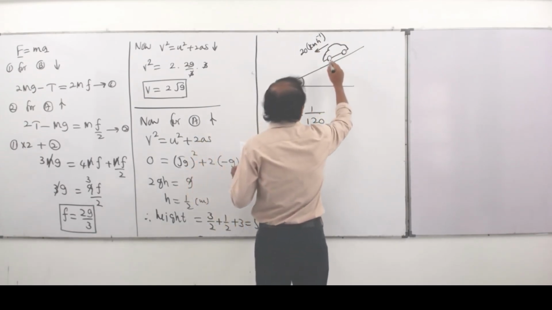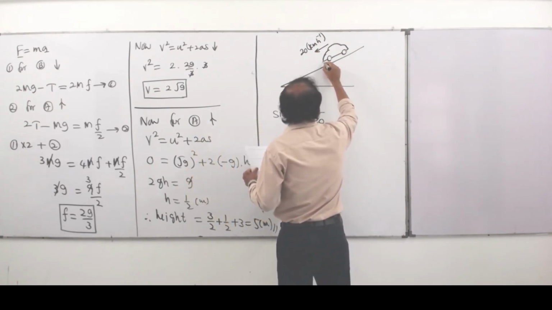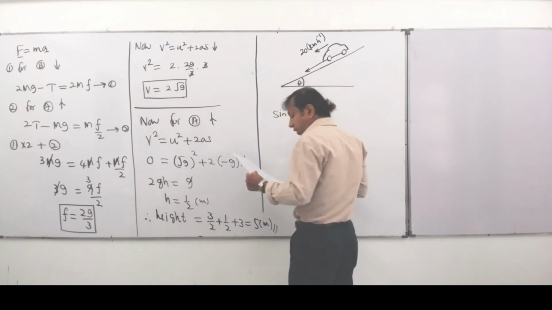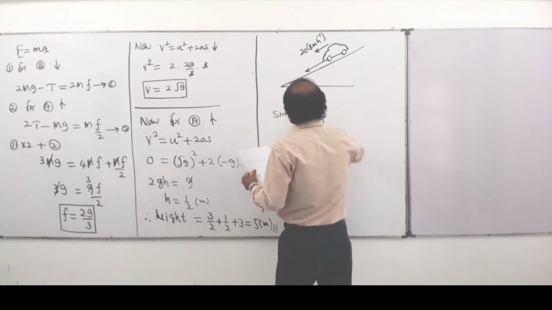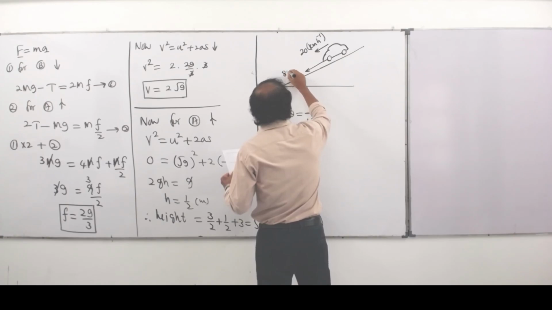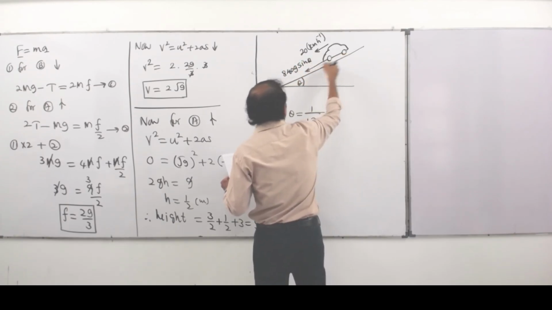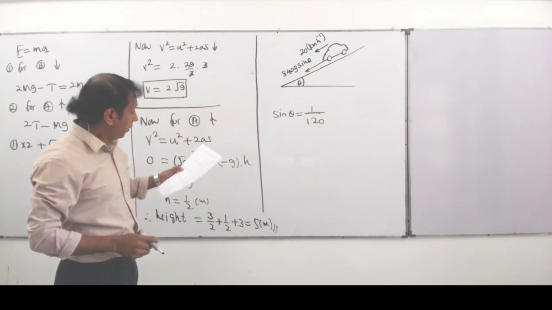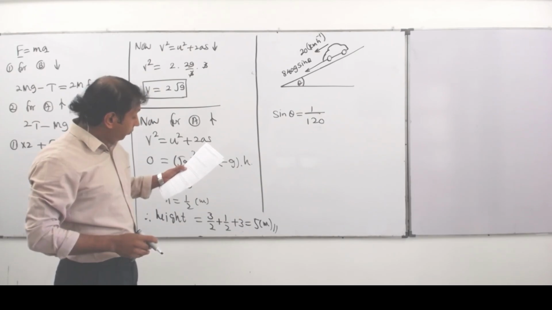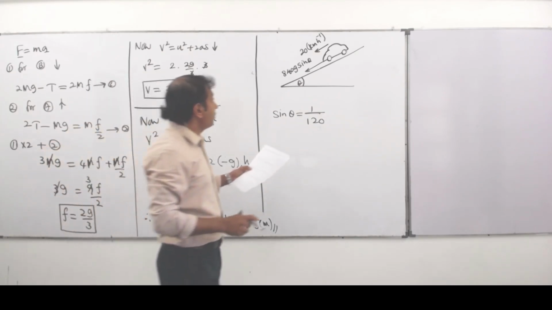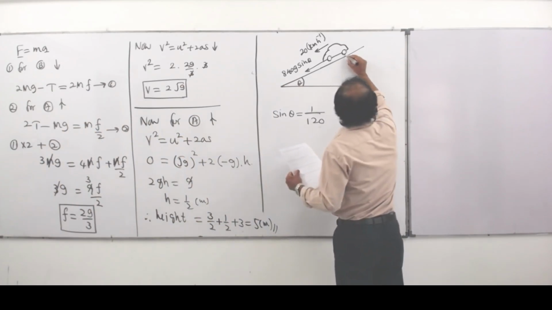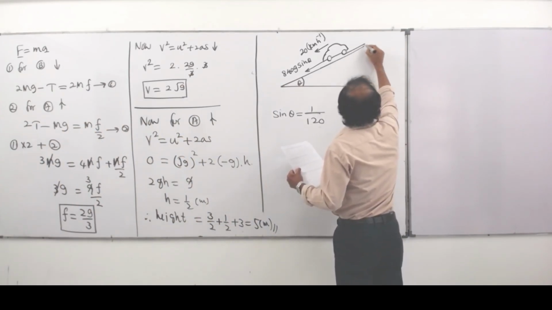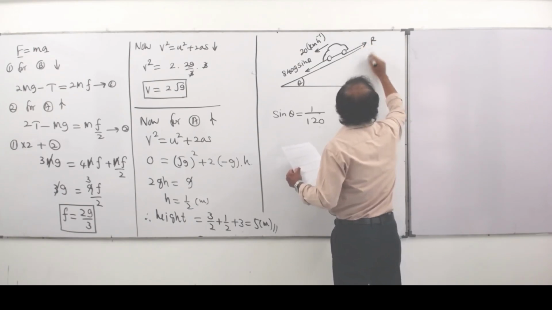Now we are given its mass is 840 kilogram. 840 kilogram means 840 g sine theta is the force acting down along the plane. Okay, down along the plane. Right. Now resistance acts this direction. Suppose it is R.